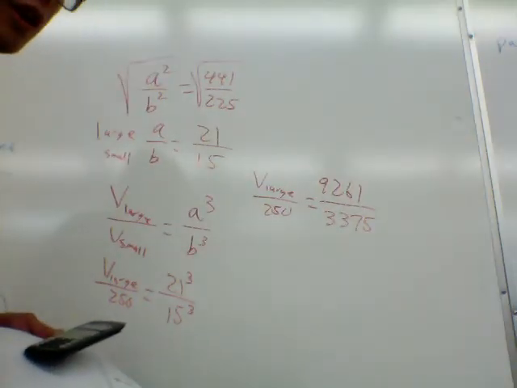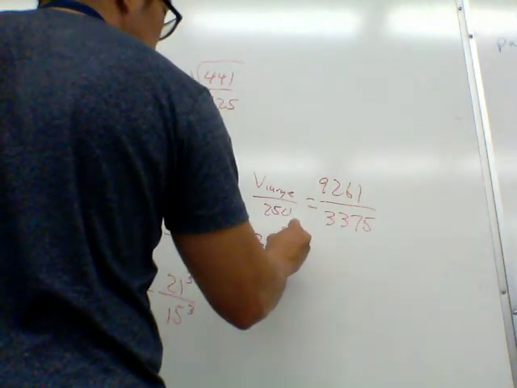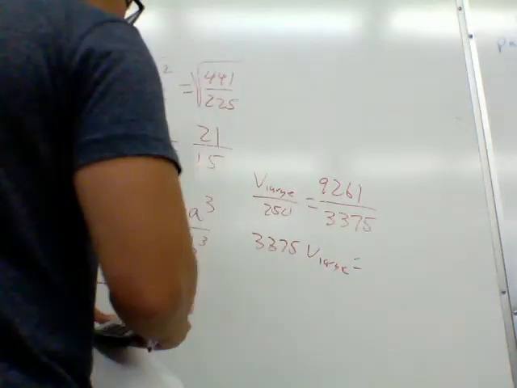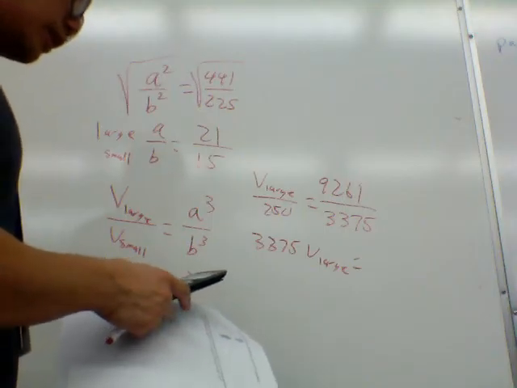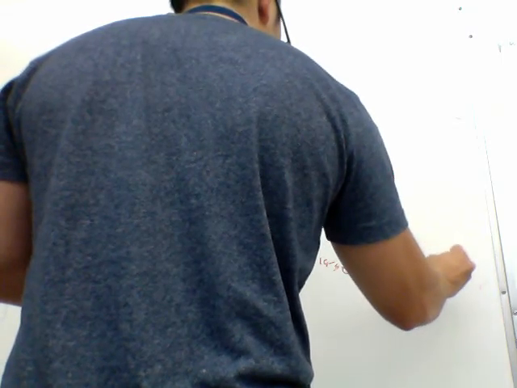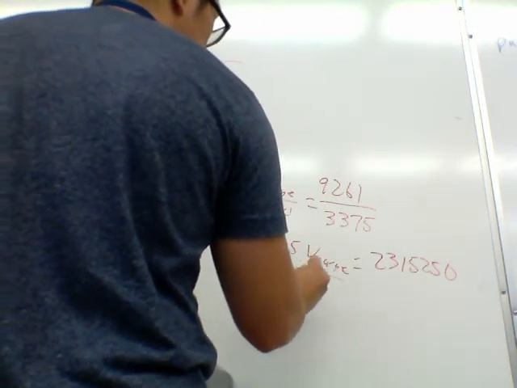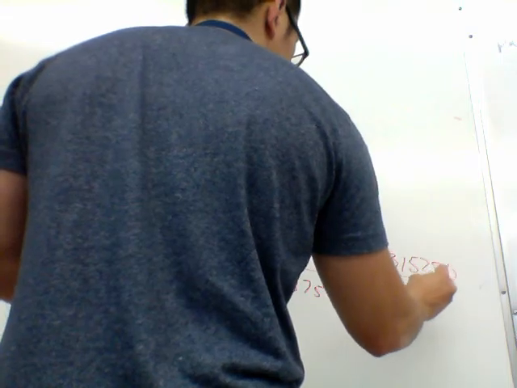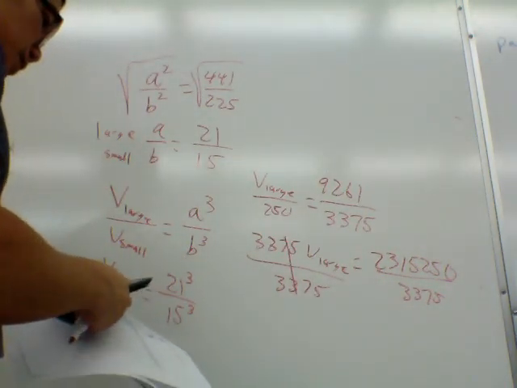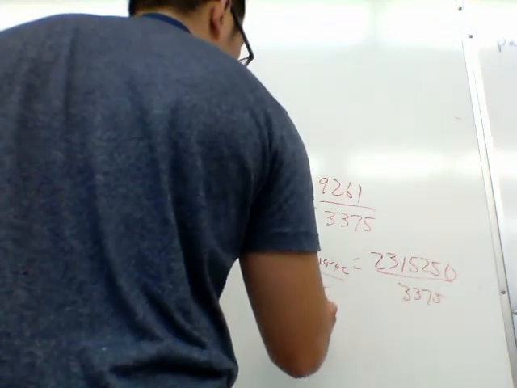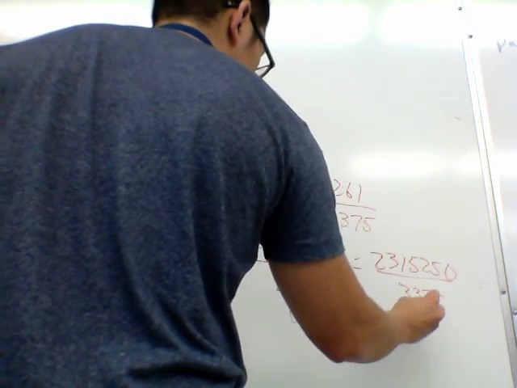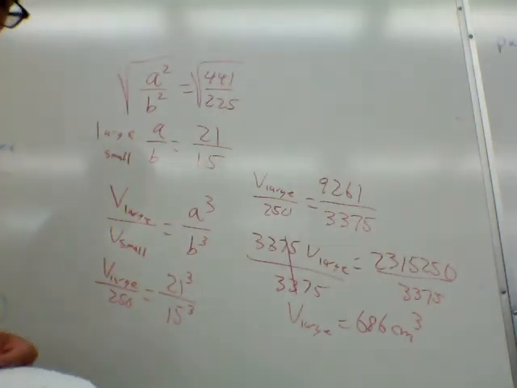So what I'm going to do is cross multiply now, and I have 3,375 V large is equal to 9,261 times 250. And that gives me a really big number. I divide both sides by 3,375. And the answer for V large is equal to 686 centimeters cubed.